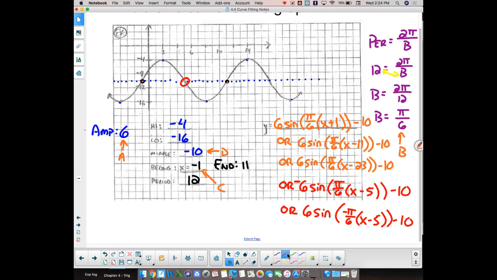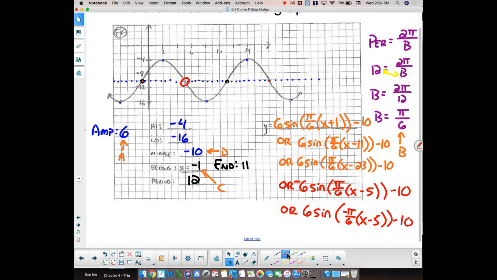Instead of minus 5, I could go out to, no, this one right here. I could go to 17, right? I could go minus 17 there. Or I could go backwards here to, what would it be, negative 7 over here.